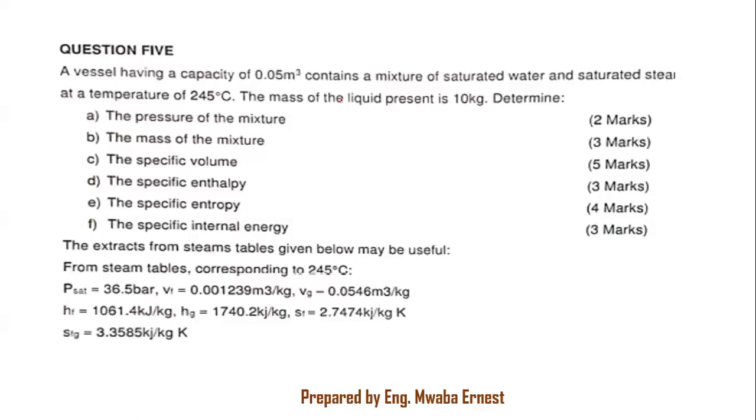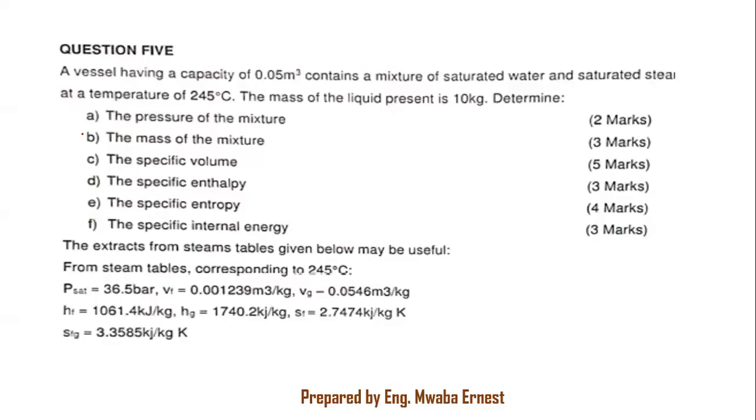Now, you check the values for that temperature, which have already been provided. Saturation pressure is 36.5. The VF, specific volume for the fluid, is 0.001239. Volume of the gas is 0.05.